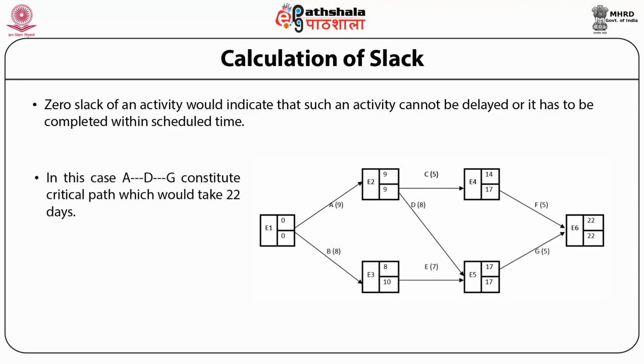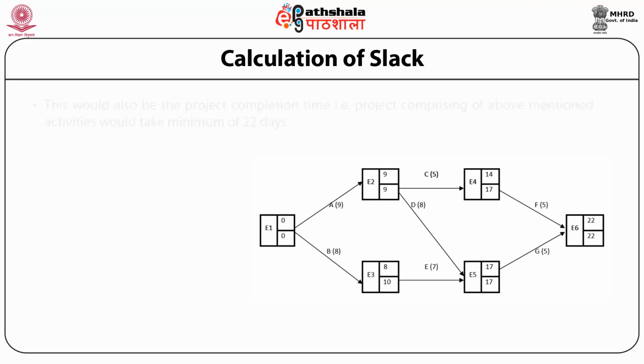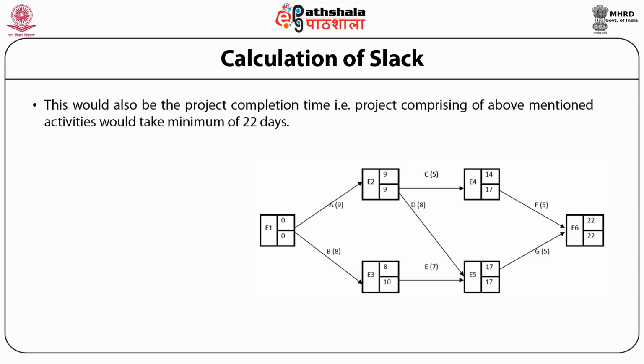In this case, A to D to G constitute the critical path, which would take 22 days. This would also be the project completion time, that is, the project comprising the above mentioned activities would take a minimum of 22 days. Activities with some slack are called non-critical activities.